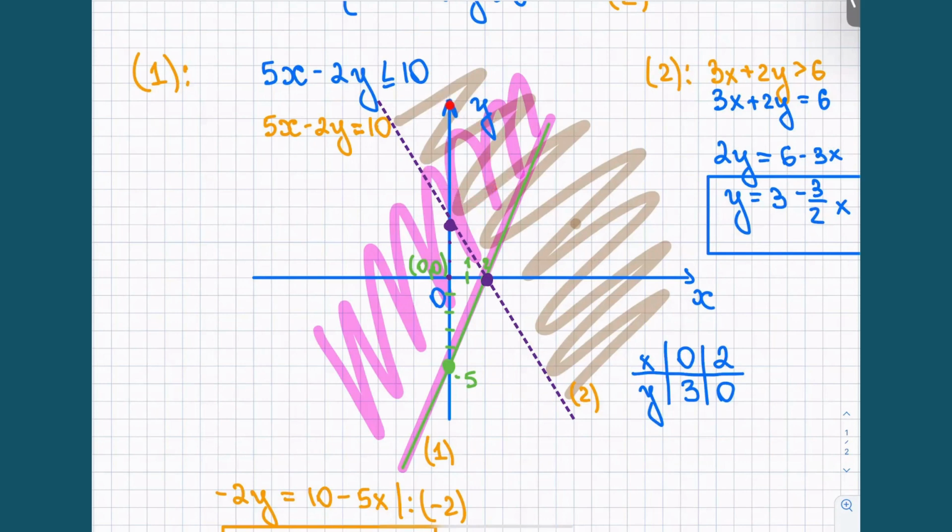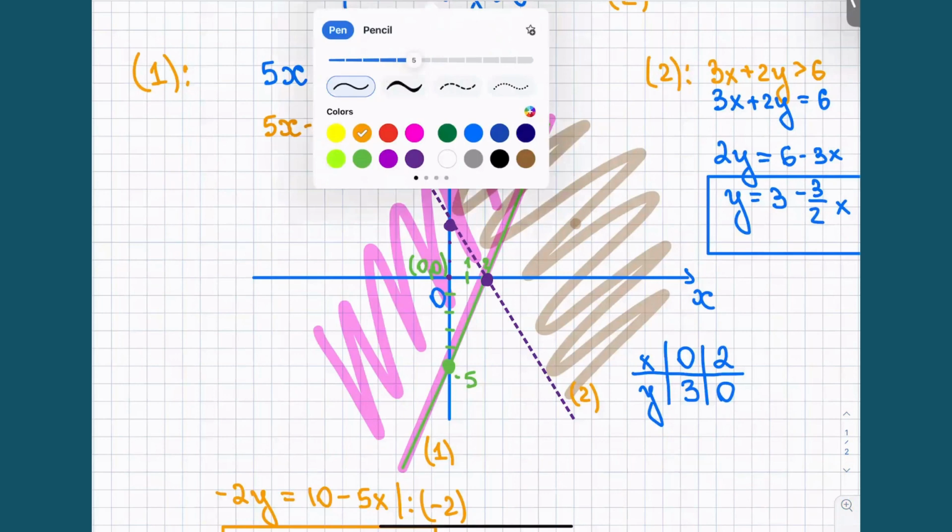So it's that brown color here and that pink color here. And then let's see. So we see that this part of the line, actually the pink and the brown, belongs to the same region. So that part of the line will also be included in our solution. So dear students, let me then draw that solution for our system of inequalities.